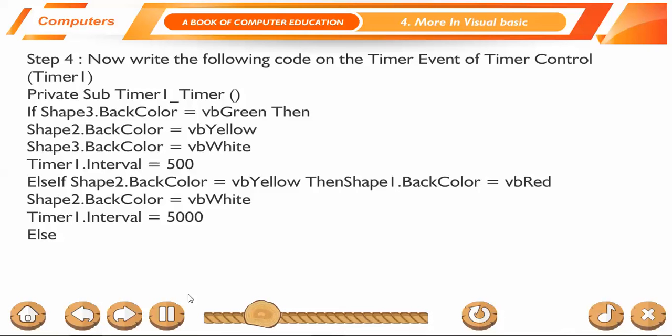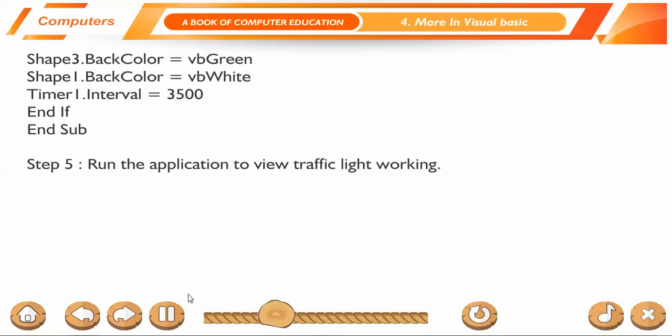Else if Shape2.BackColor equals vbYellow, then Shape1.BackColor equals vbRed, Shape2.BackColor equals vbWhite, Timer1.Interval equals 5000. Else Shape3.BackColor equals vbGreen, Shape1.BackColor equals vbWhite, Timer1.Interval equals 3500. End If, End Sub.